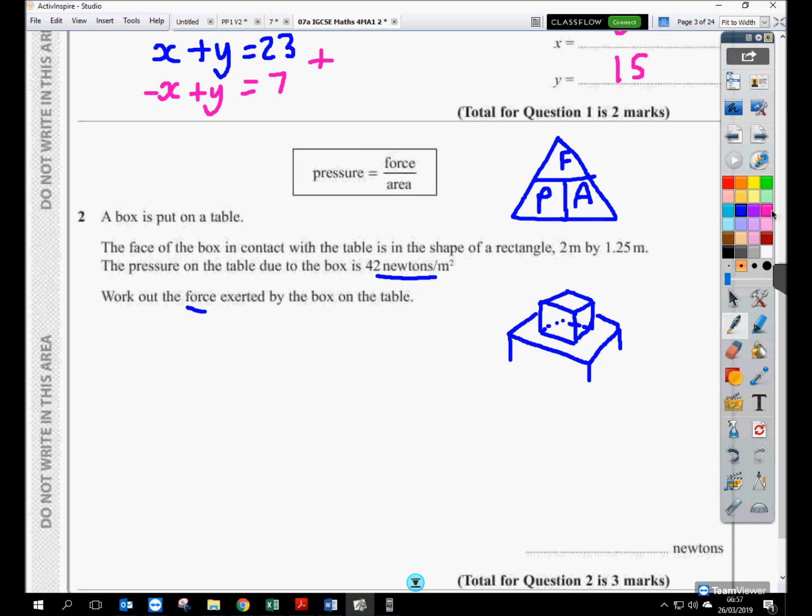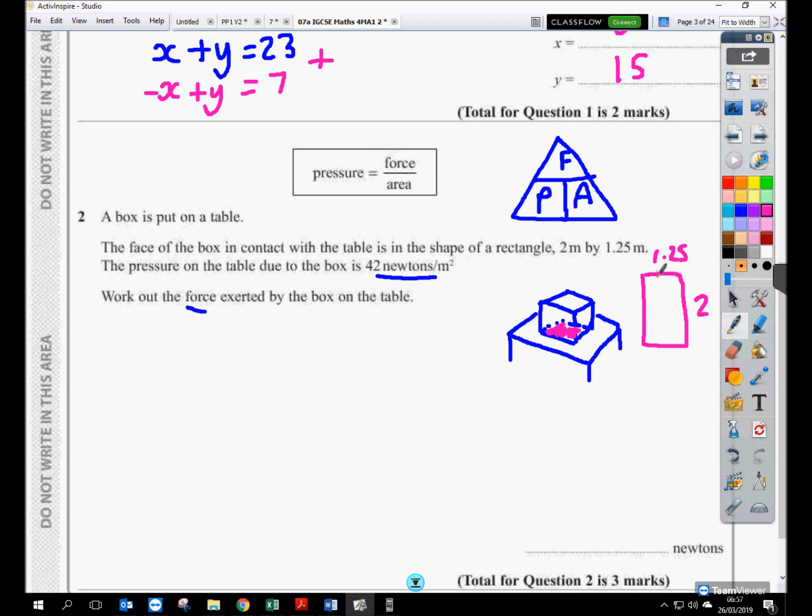So we're interested in the area of this rectangle here, the bottom of the box that's in contact with the table. Now they tell us it's a rectangle which is 2 meters by 1.25 meters. So it looks like this, a rectangle 2 meters by 1.25 meters.